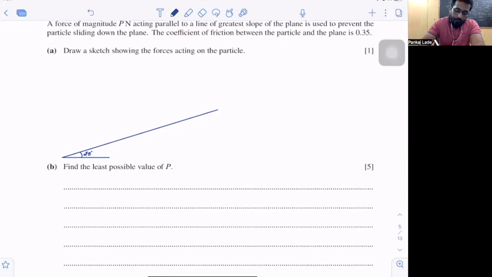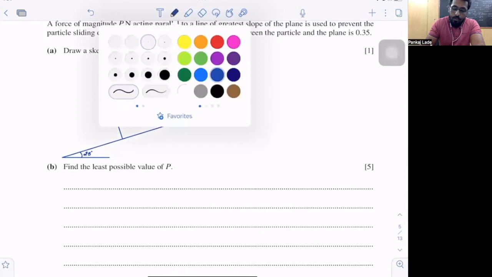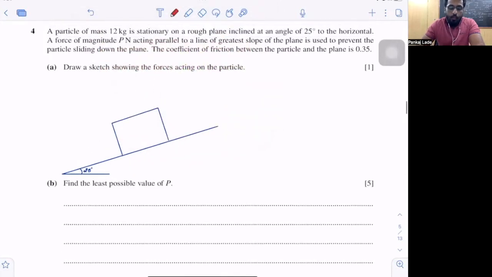So now let's draw a block, or a body, or you can call it a particle. Let's shift it over here. That's my block.